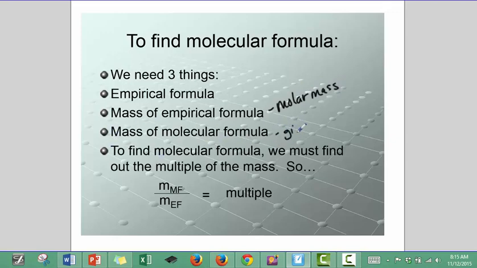We can't know it any other way. So to find the molecular formula, we need to find out what the multiple is. We take the mass of the molecular formula and divide it by the mass of the empirical formula. This should give you a whole number multiple.